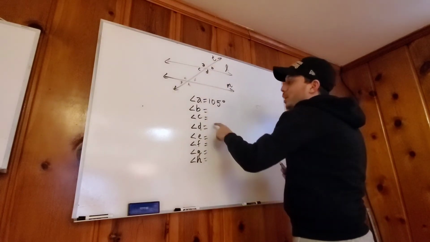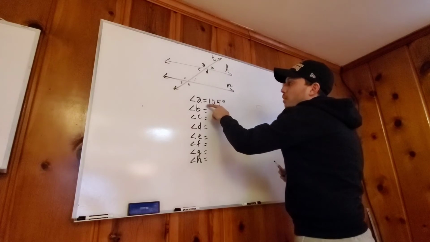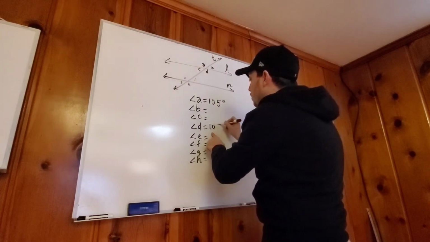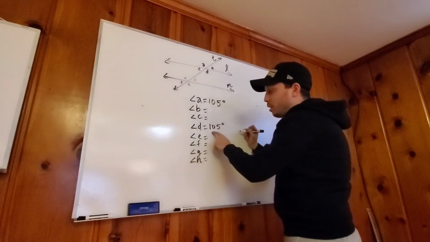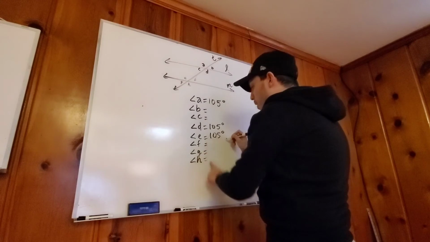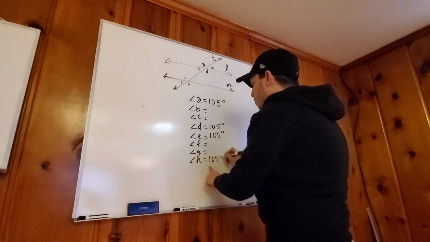And so I already know what D is, because if A is 105 degrees, then D has to be 105 degrees because of transversal angles. And then if E is 105 degrees, then H has to be 105 degrees.